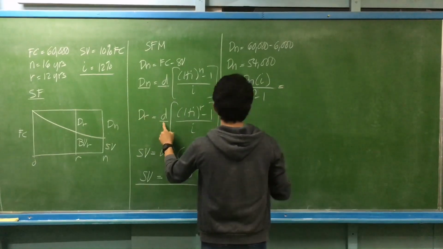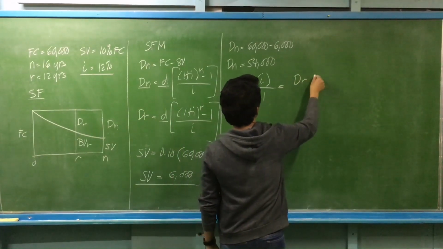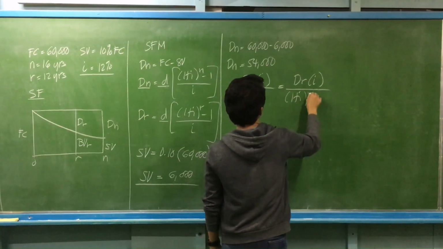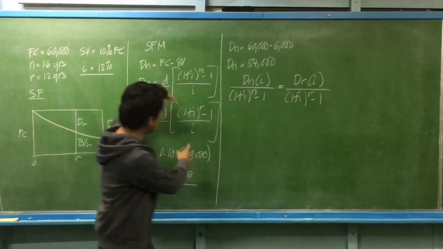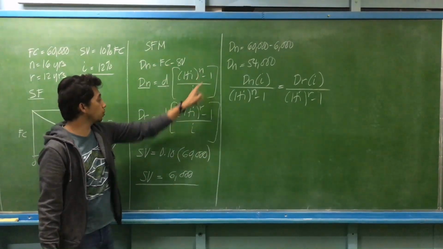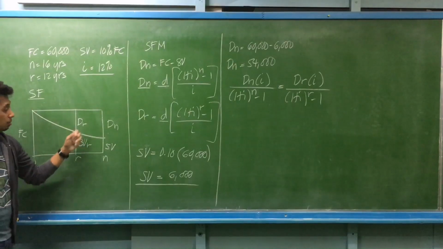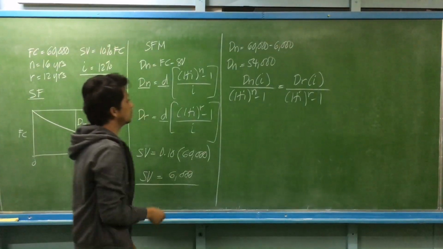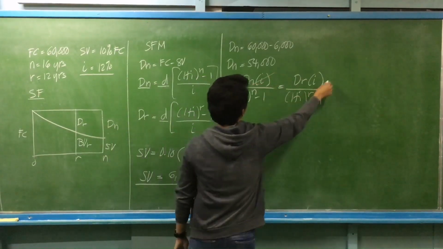That is the same as D sub r times I divided by 1 plus I raised to r minus 1. Pareho lang yung dalawang to, magkiba lang sila ng exponent. Raised to n kapag dito sa D sub n, obviously, raised to r naman kapag hanggang dito sa D sub r. So, pwede natin cancel yung I dito.